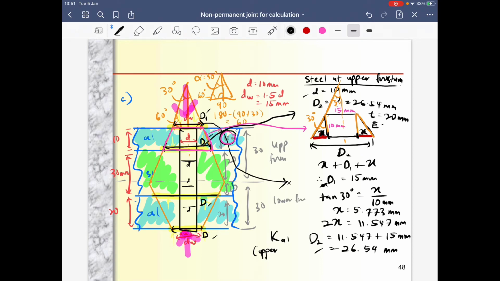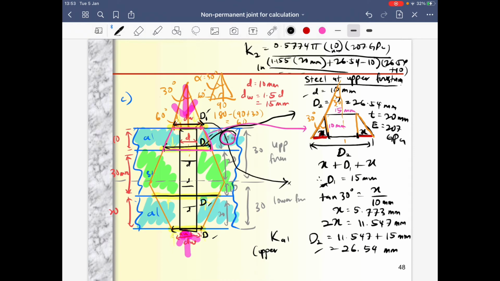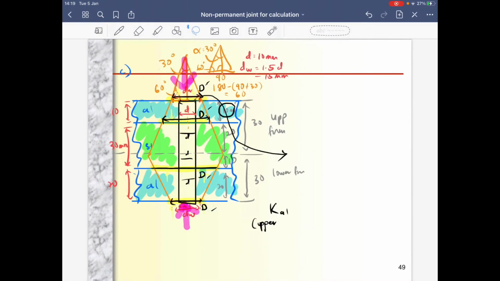The modulus for steel is 207 gigapascal. So you just fill in the same equation again. K, we name it as K2 equal to, get the K2 in meganewton per meter. Okay, now how about the lower frustum?